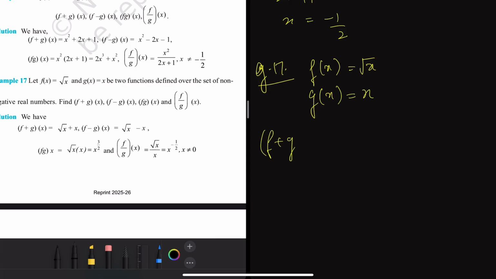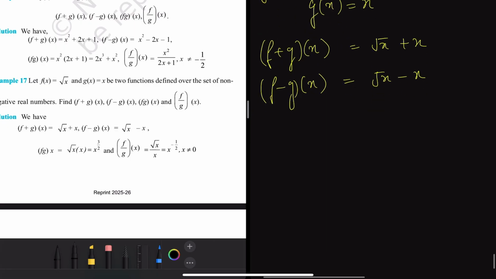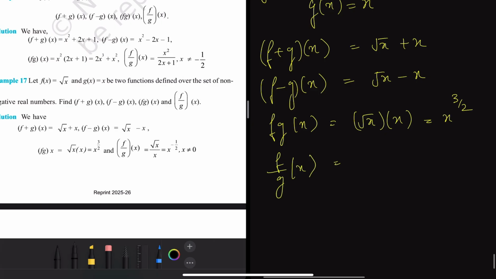So f plus g of x will be under root x plus x. f minus g will be under root x minus x. Then f g of x will be under root x multiplied by x, so this will be x raised to 3 by 2. Then f upon g of x will be under root x upon x. This will be x raised to power minus 1 by 2.